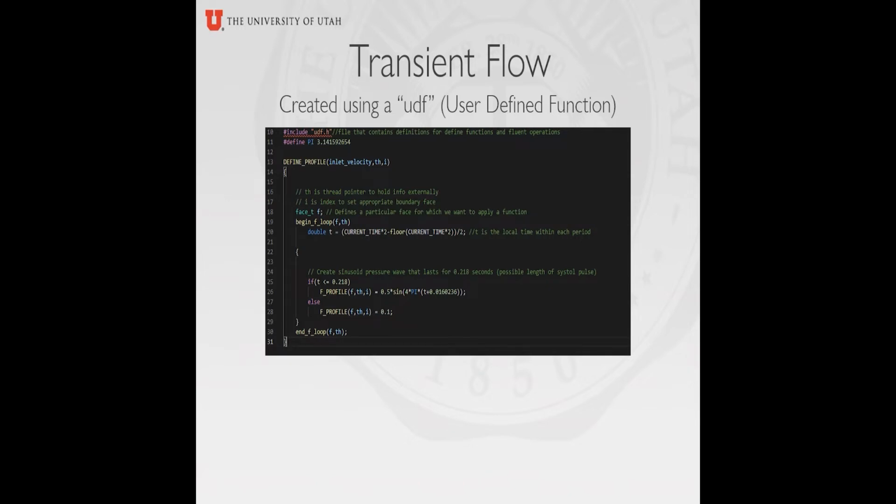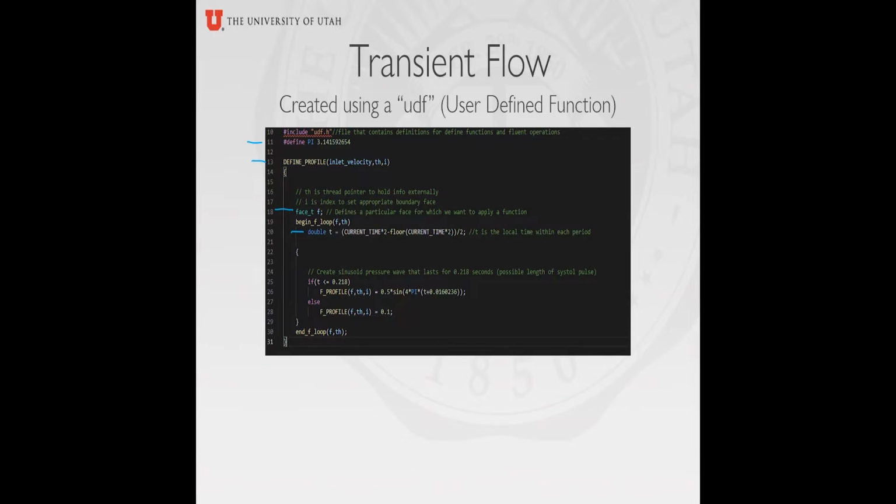I first have to define pi as a number up top, because in this case, C doesn't have a built-in constant for it. Then I define my function and give it the face; here is my inlet face. That's defined in the graphical region in ANSYS, so you don't need to worry about that. But then I define a time here called t, which is going to cycle from 0 to 0.5 seconds.